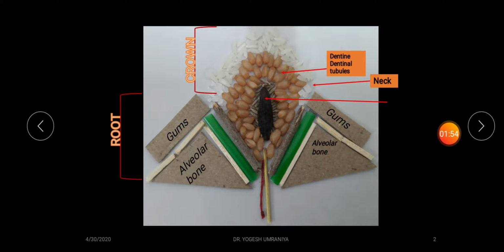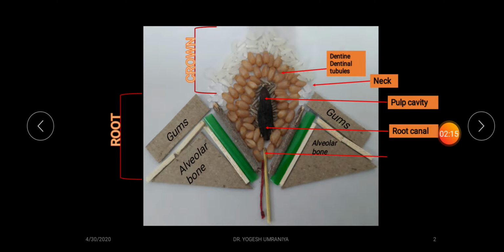Next structure, this portion that is lying within the crown area. This cavity is referred to as the pulp cavity, and the cavity that is lying within the root of the tooth is referred to as the root canal.